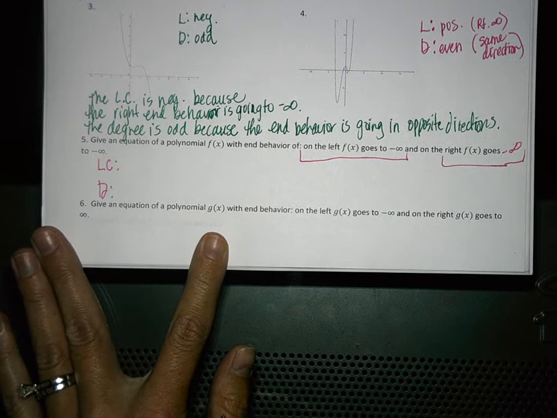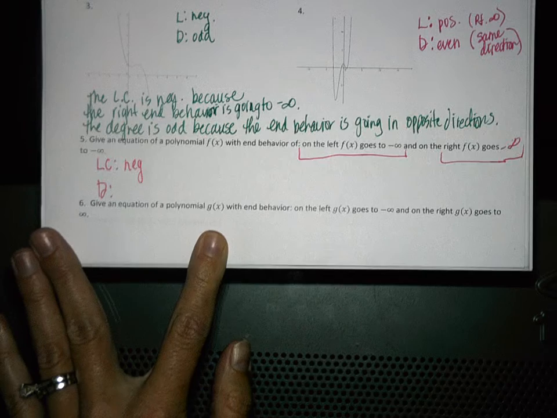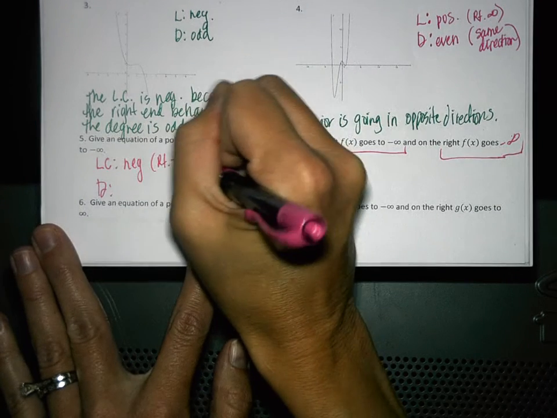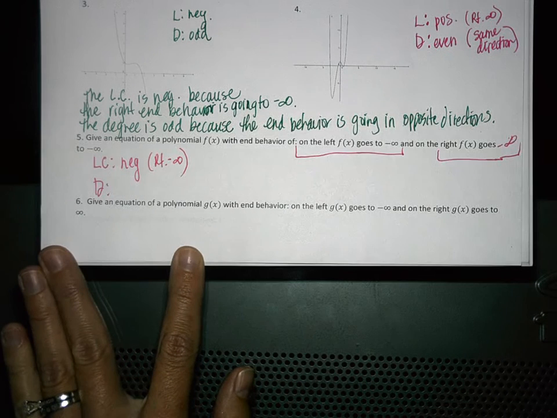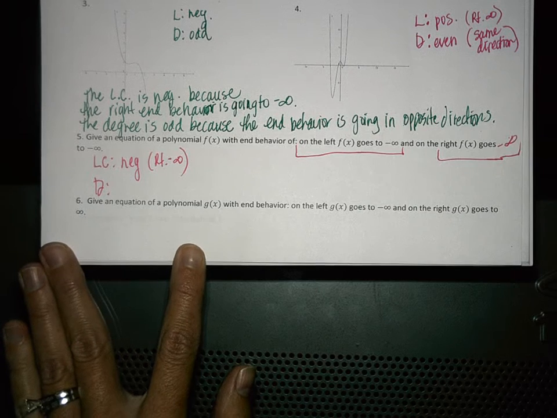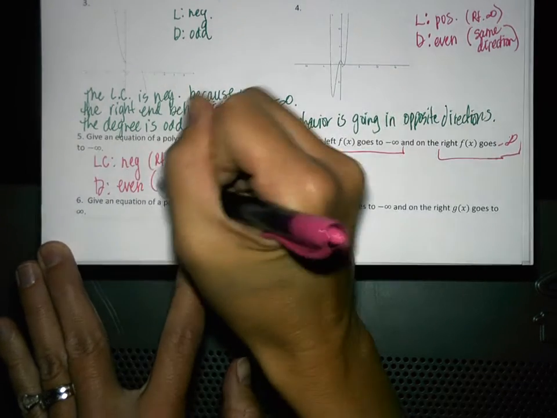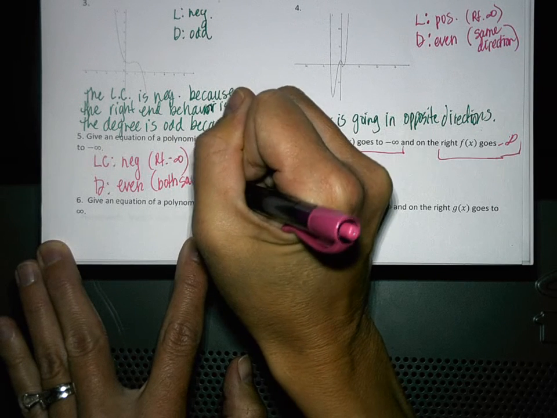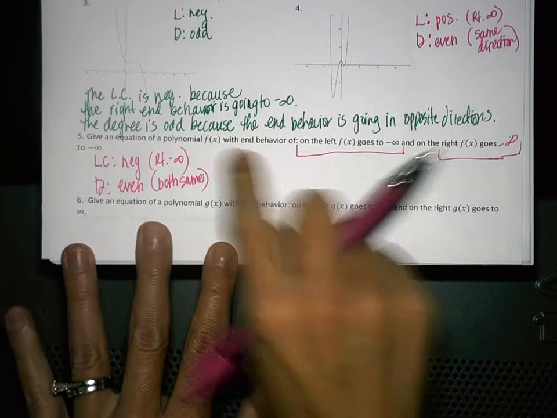Positive or negative? Negative. How do we know it's negative? Good. Right is negative infinity. That's how I know the leading coefficient will be negative. What degree will it be, even or odd? Even. How do we know the degree is even? Good. Both the same, or whatever you want to write that makes sense to you. So there are multiple answers here.